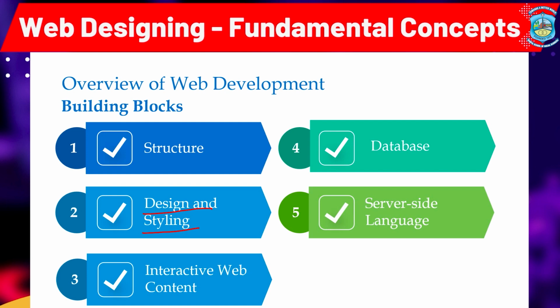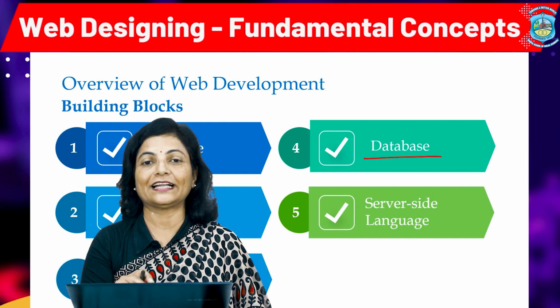It takes care of the appearance and the presentation of the website. After deciding the structure and the designing and styling part, making the page interactive is the third important block. This is the block where we add the functionalities and make the page interactive.